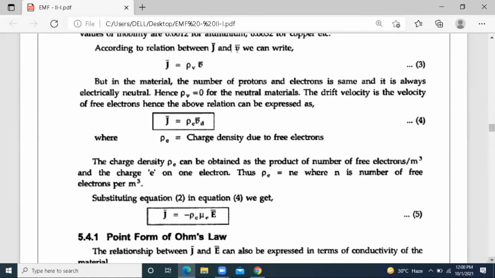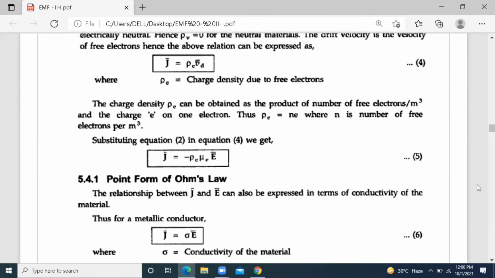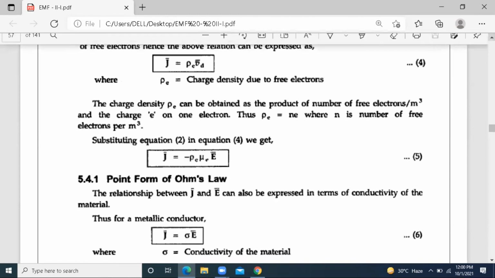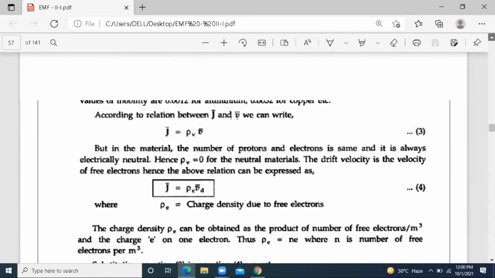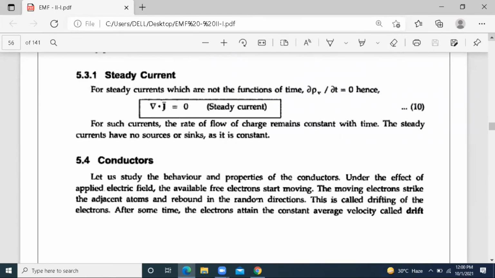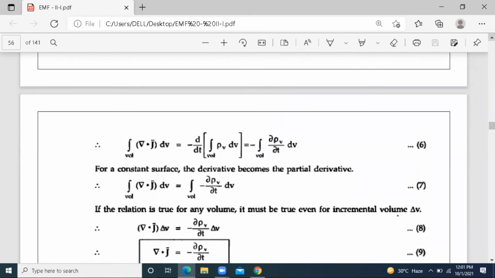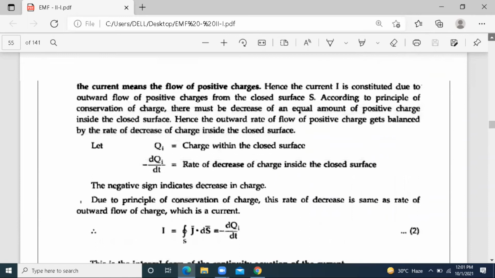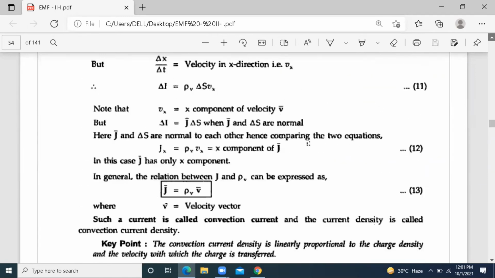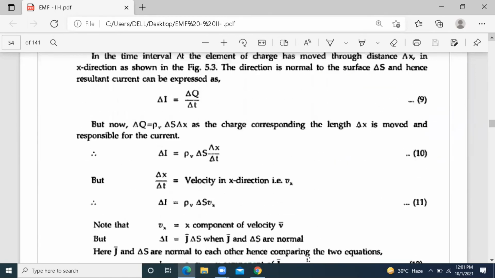Let me see if we'll be able to do it. All right, we're going to leave it. When we come back, we're just going to do the continuity equation before we jump into some problems.